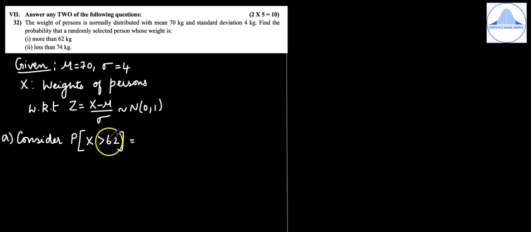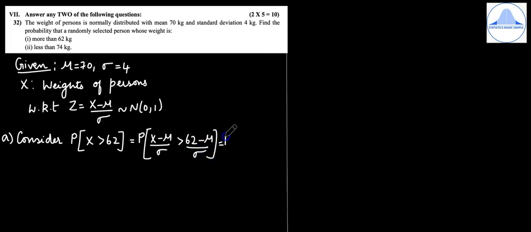Now if you have seen my important question video on normal distribution, you will know that the table is in terms of Z but the problem is in terms of x, so you have to standardize. Standardize means from x subtract mu and divide by sigma, and even from 62 you should subtract mu and divide by sigma.